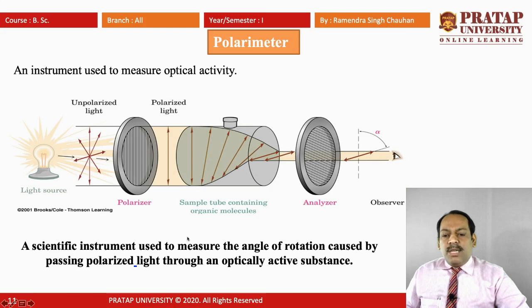In that case, we can determine S by using theta upon LC. Theta is measured by the polarimeter. So we can say a scientific instrument used to measure the angle of rotation caused by passing polarized light through an optically active substance is a polarimeter.